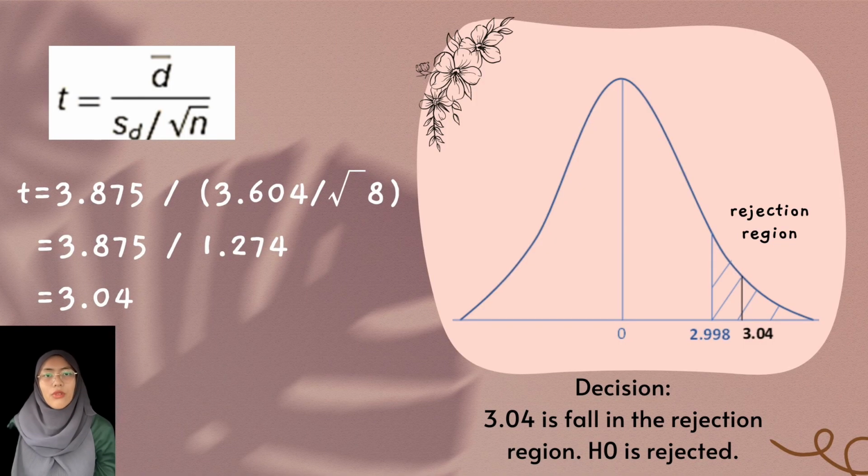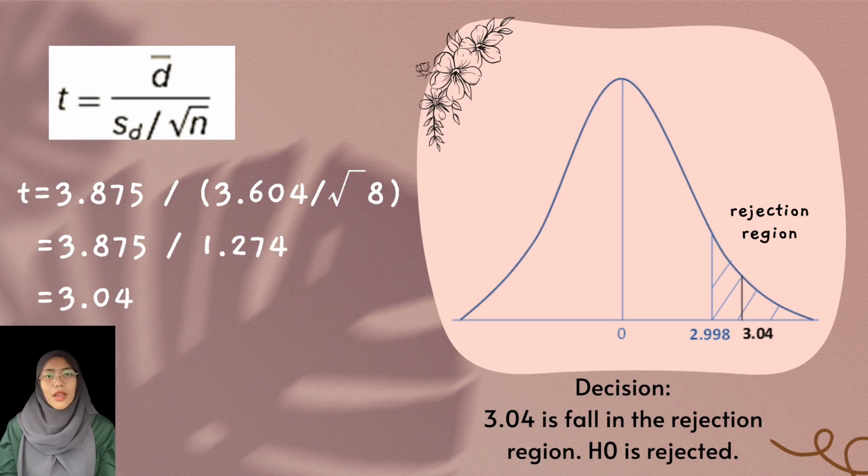After that, we will use the t statistic to find whether to reject the null or not reject the null. We will use t equal to d-bar, which is 3.875, over the standard deviation, which is 3.604, over the square root of n, which is 8, and we will get t equal to 3.04.